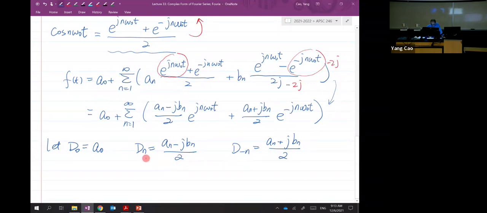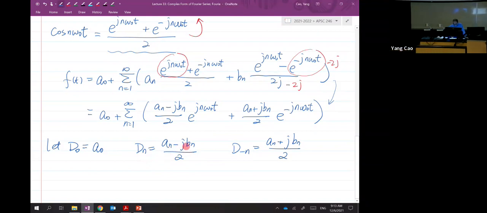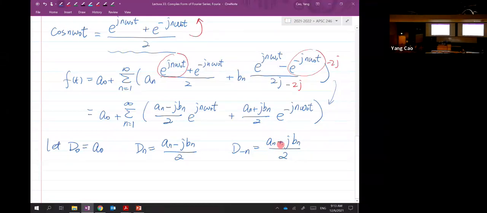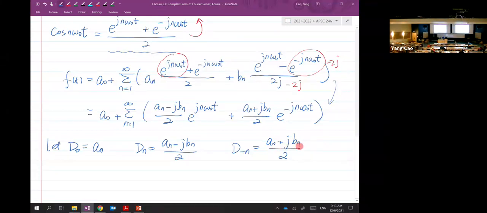So what the last two basically mean: if you plug n equal to 1, d1 equals (a1 minus j b1) over 2. Now, if you plug n is negative 1, this becomes (a negative 1 plus j b negative 1) over 2, like that.